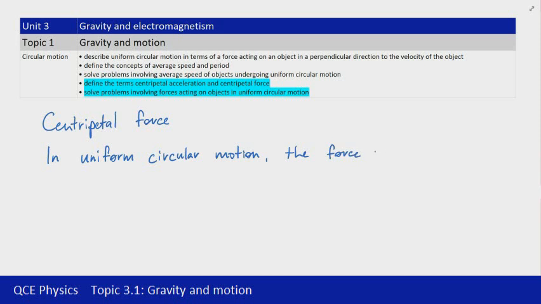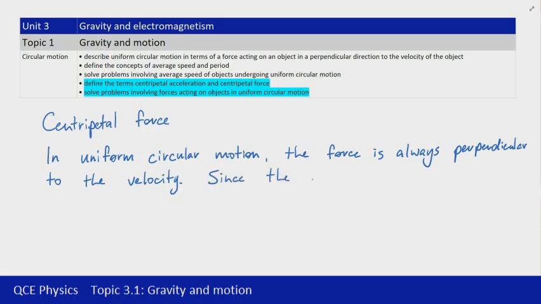So the force, as we've already said, is always perpendicular to the velocity, and that means that we can consider a few things about the acceleration of the object as well. One of the things I didn't specifically draw your attention to in the previous video is that the velocity is actually always going to be a tangent to the circle.